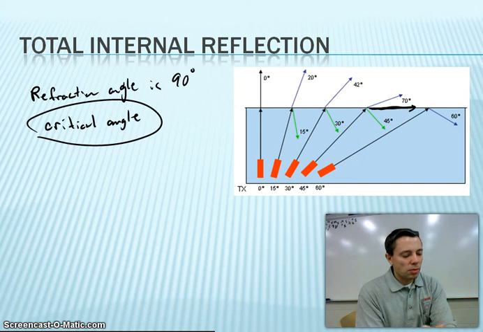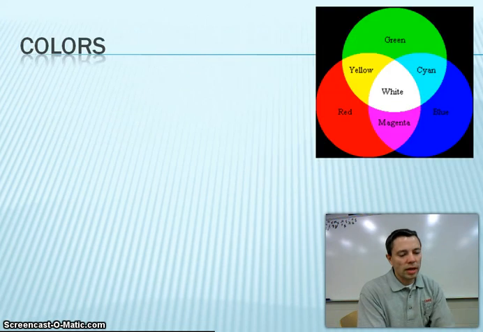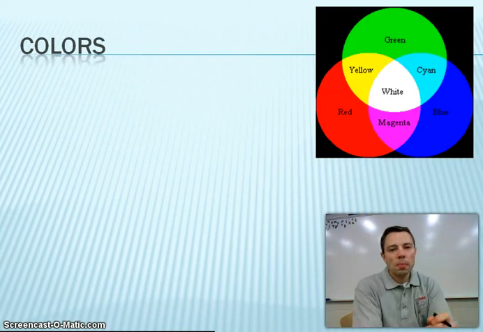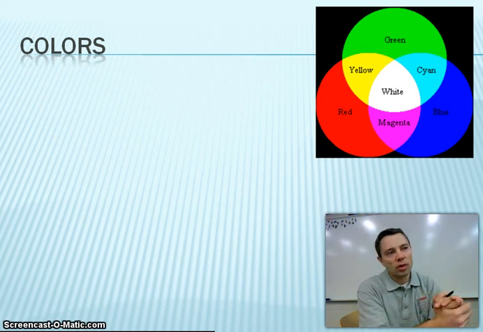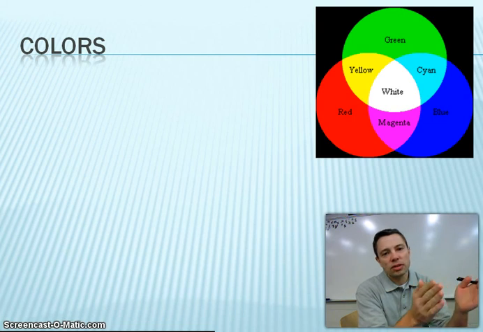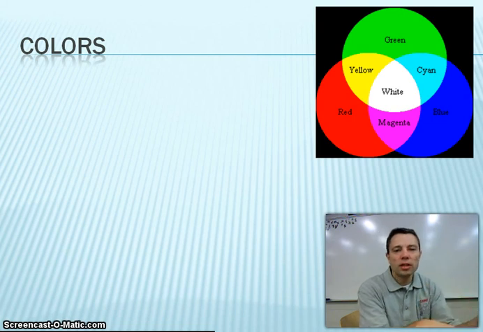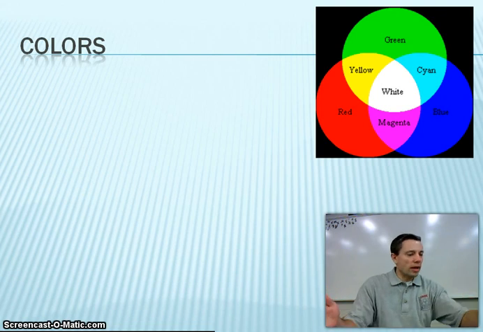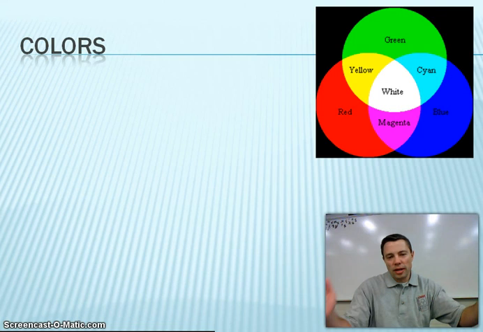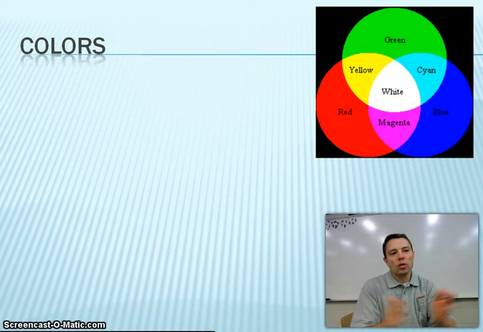The next thing we have to look at when we look at light is colors. This is again where we start to look at light as we see it. A white light that comes to us is a blending of a lot of different frequencies. If you go back to the electromagnetic spectrum and you saw how it was split up like that rainbow, you had 400 nanometers to 700 nanometers, so you had this range of wavelengths or range of frequencies that could occur.